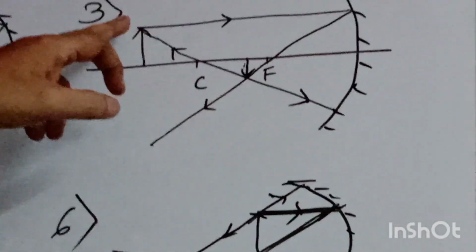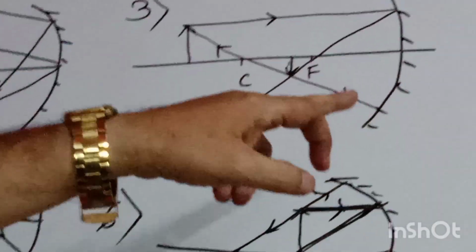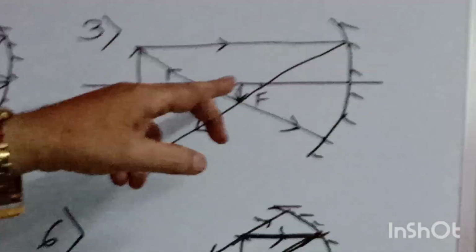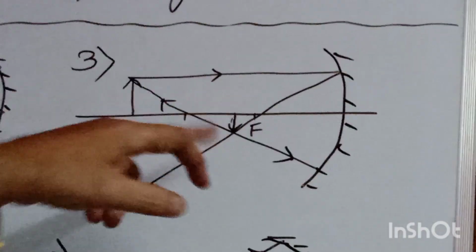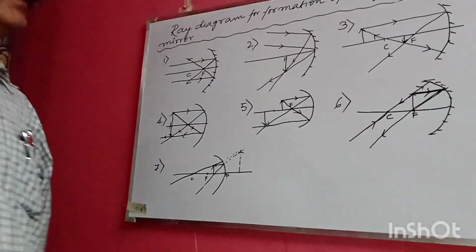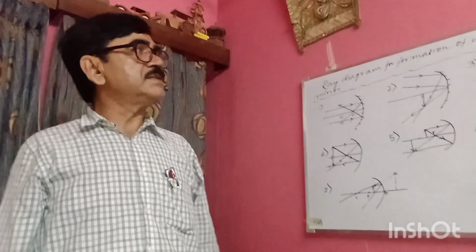Another ray of light which moves through the center of curvature bounces back through the same path, and at the point of intersection the image is formed in this way. I think, students, you have understood all these diagrams very clearly, and you should practice all these diagrams repeatedly.